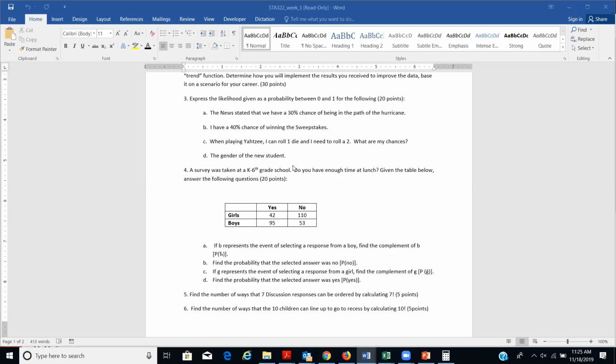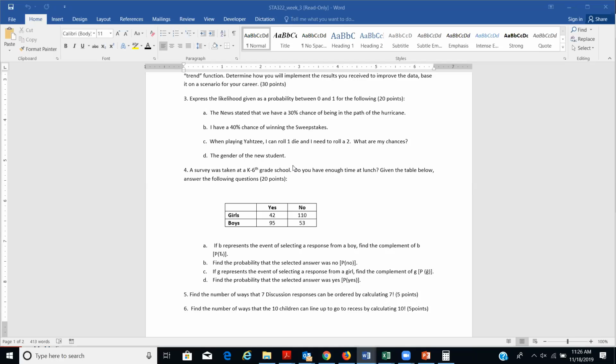The complement is denoted as we note here, P of B with a line over the top. That means the complement of P of B, the probability of it being a boy. So the complement is going to be the difference there, or 50.67%. That's 100% minus the probability of the boys, right?